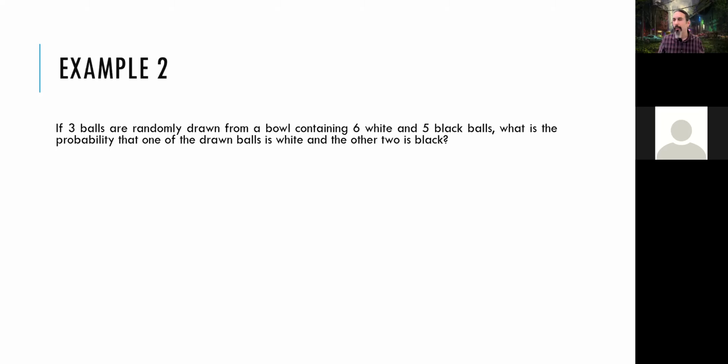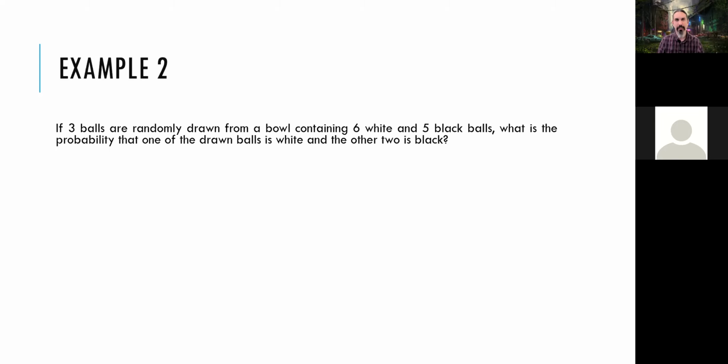When we are talking about experiments like this, there is usually more than one way of looking at things. For example, this is drawing balls from an urn. I can be drawing these balls one by one without replacement, or I can be drawing 3 at the same time.